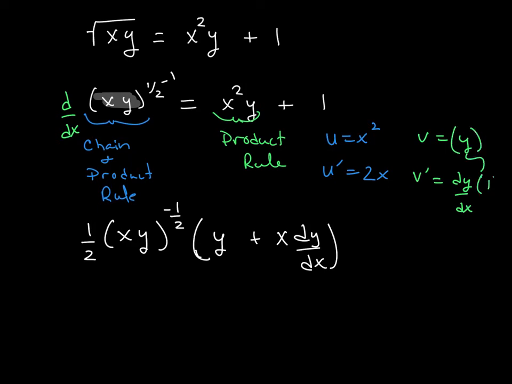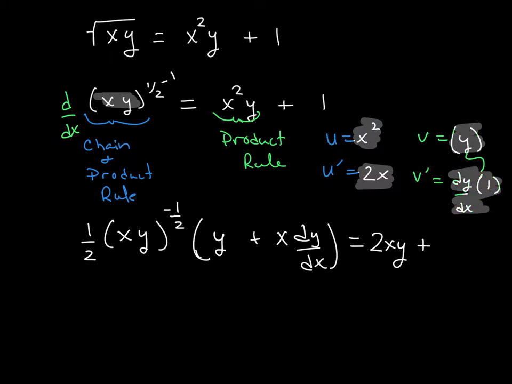The derivative of y itself is 1. So all of this is going to equal the derivative of the first term times the second, which in this case is going to be 2xy, plus the first term times the derivative of the second, which in this case is going to be x squared dy dx.